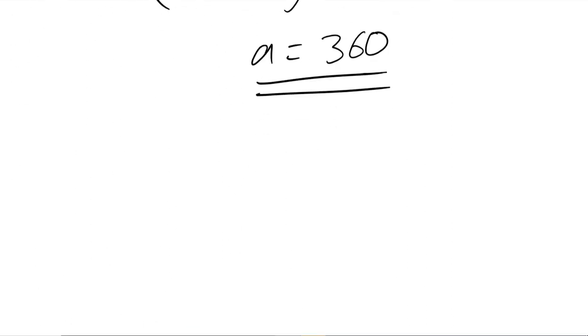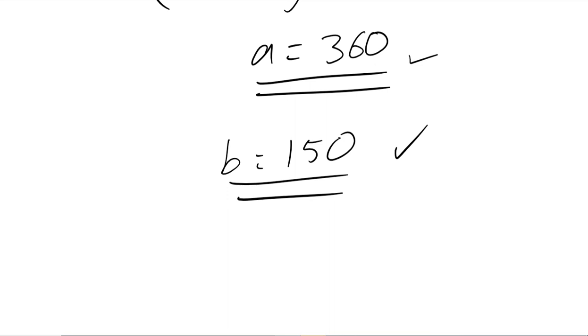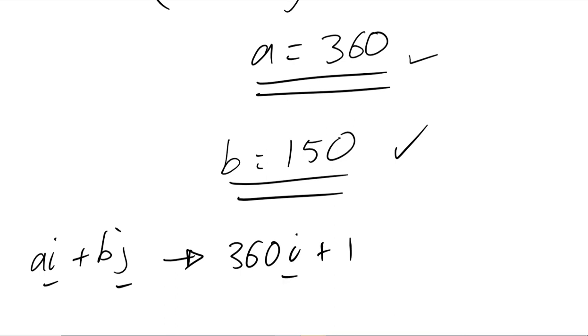So that means that B is going to equal 150. Given that, the velocity vector that the pilot should set was originally written in this form, and now that we have our values, we can say the velocity vector is 360i plus 150j kilometers per hour.